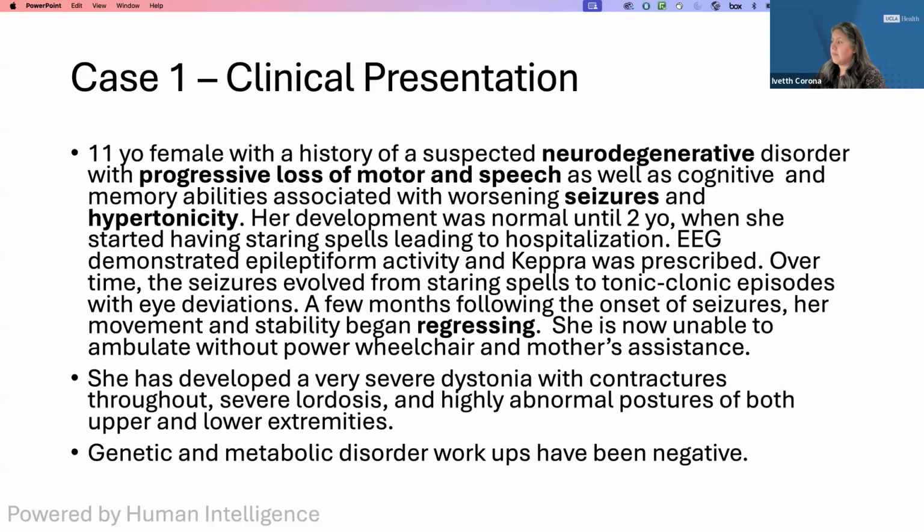Onset was at 2 years old, and the EEG demonstrated some seizure activity. A few months following the onset of seizures, movement and stability began regressing. This girl developed very severe dystonia and contractures, and genetic and metabolic disorder workups have been negative.